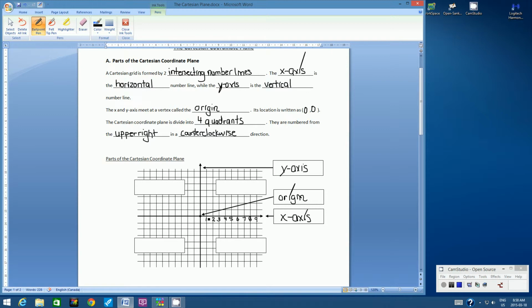Going from 0, as we move to the right, just like an integer number line, our numbers are getting larger. As we move left from the origin, our numbers get smaller: -1, -2, -3, -4.